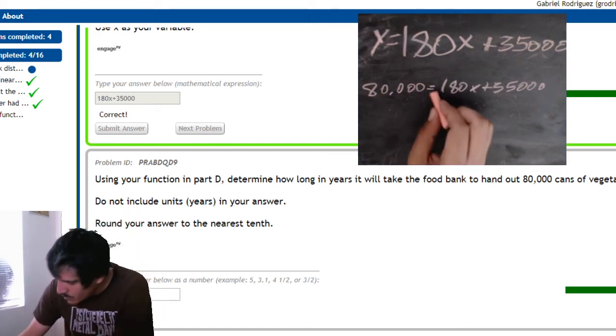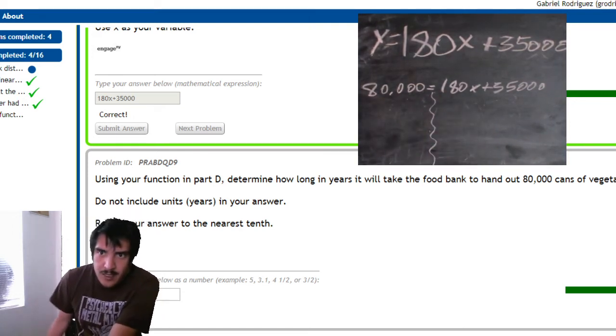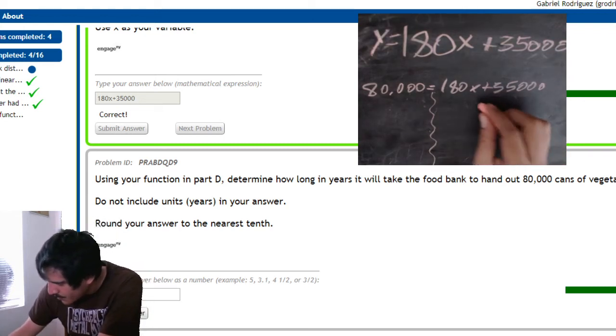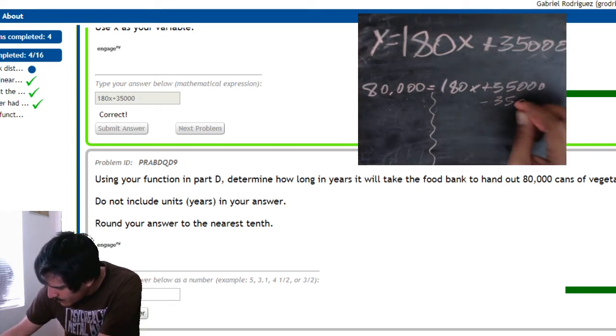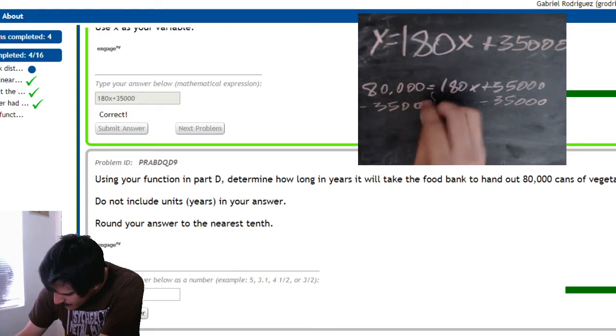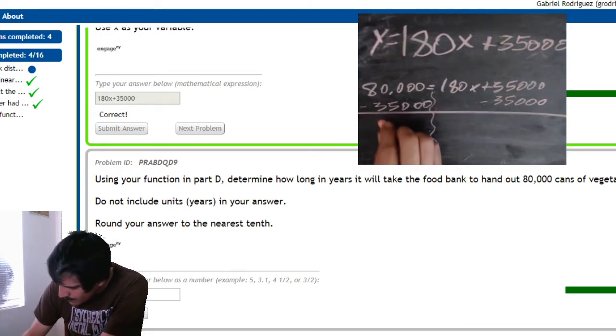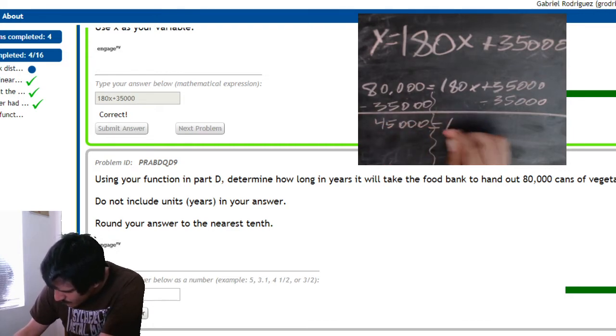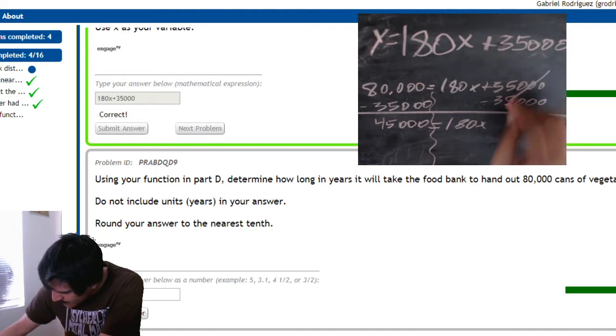And now we want to get x by itself. We did this already, but again, I'll do this again. I believe this was 45,000 is equal to 180x, and then these were canceled.